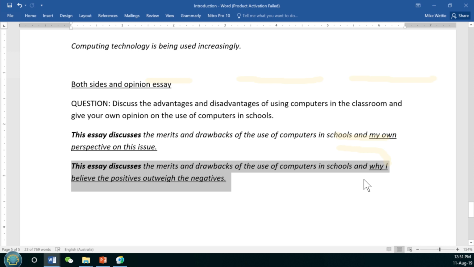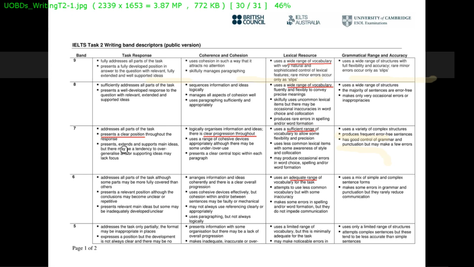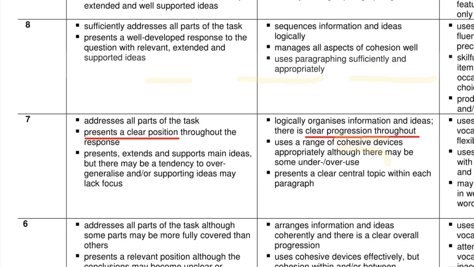Let me explain just quickly, because there's a big confusion about this point about whether we need to state our opinion in the introduction of the essay. What it is, it's under the Band 7 instructions for task response. Okay, so we're looking at the task response column, and it's these words here: presents a clear position throughout the response. This is necessary to get to 7.